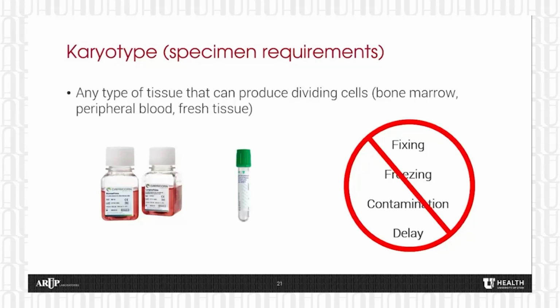As I said, you need to grow cells in an incubator. So you need to start with viable tissue, a tissue that can produce dividing cells, be it bone marrow or peripheral blood or fresh tissue. Therefore, it's important to put this specimen in a sterile fashion in a cytogenetic media and transport it without delay to the cytogenetic lab.